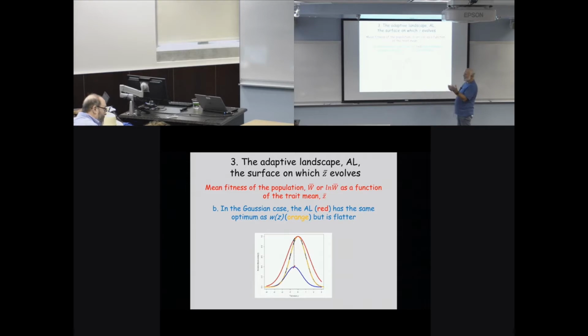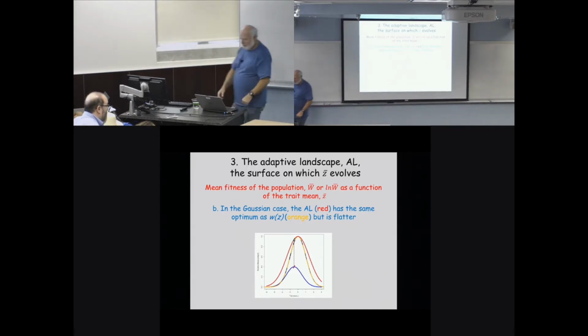So if you go back and look at the expression, they have the two curves, the Gaussian individual selection surface, which implies this Gaussian adaptive landscape. They have the same optimum, but in this Gaussian case, the adaptive landscape is going to be a little flatter. But actually, not a lot flatter. It depends on the values. But that's an important thing to keep in mind.